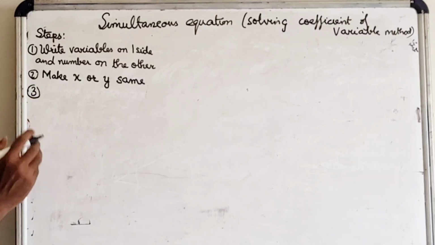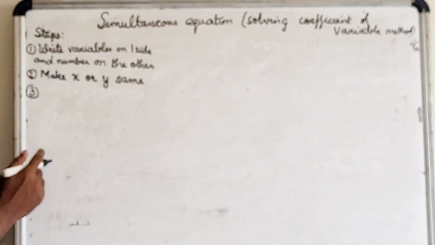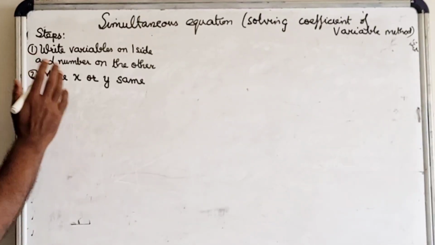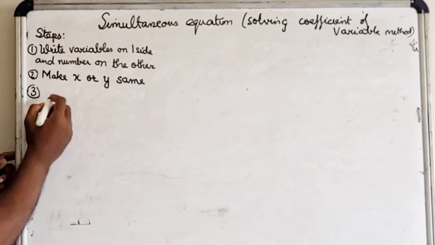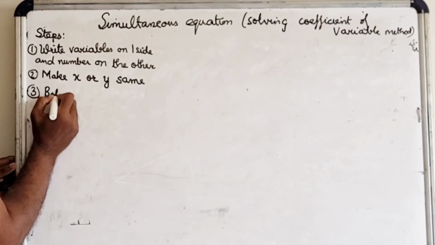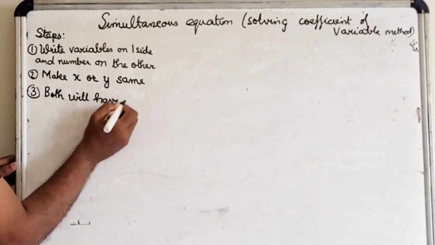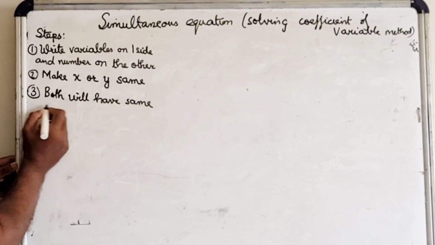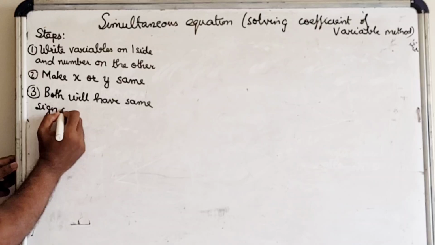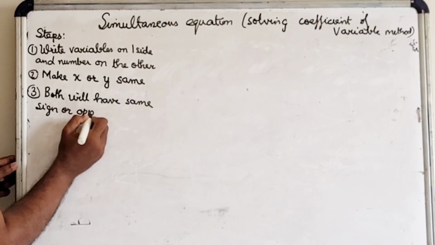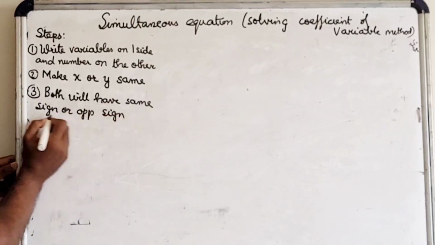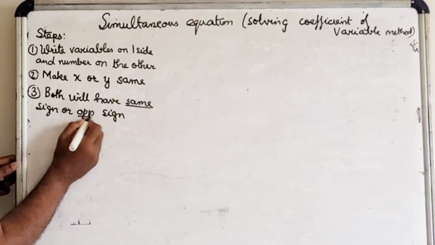Step 3, once you have made x or y same, whichever you have made same, both will have the same sign or opposite sign.